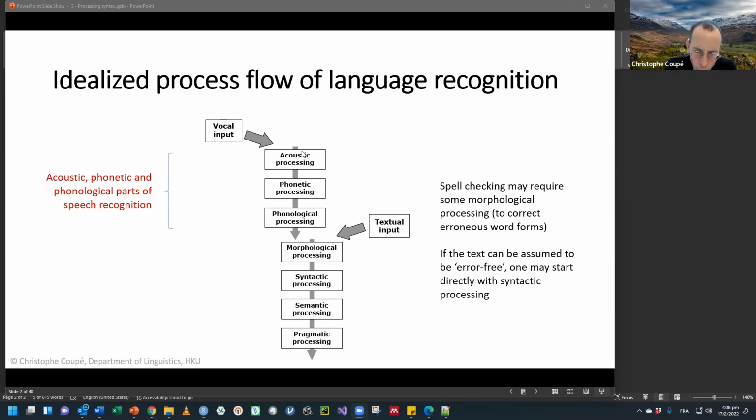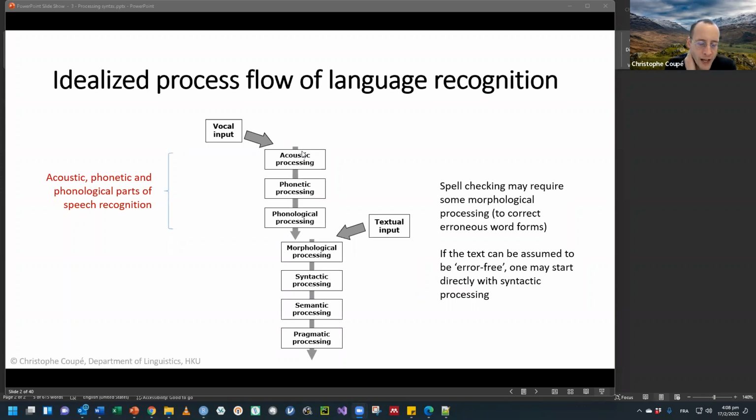And once you are done with that, then you can try to extract the meaning. That's when you do semantic processing, or you try to understand what is being said in the context of it being said. And that's what we call pragmatic processing. So the last two steps are about the meaning of what is said.